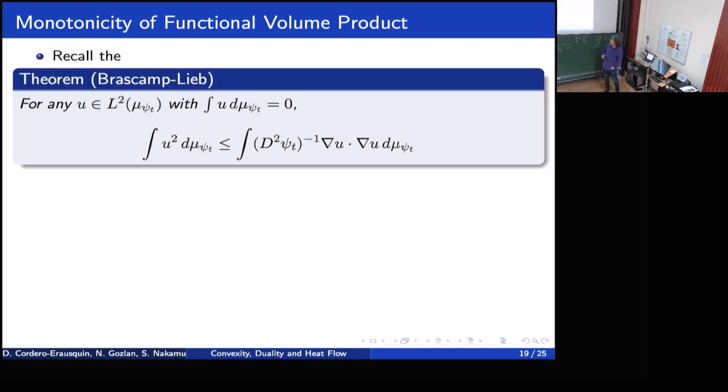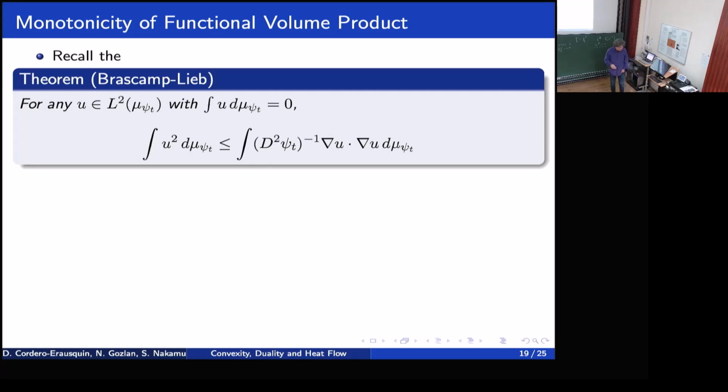So here I recall the definition, in the case of psi t, my potential. I wrote it in this form. Instead of writing variance, I said, okay, if u is centered with respect to my measure, then the integral of u squared is controlled by my quantity.